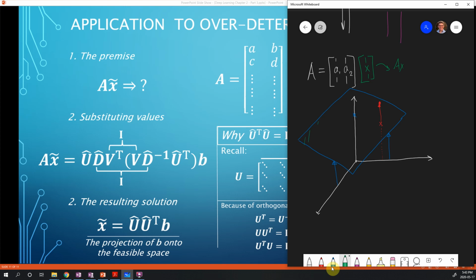So that vector will inevitably be somewhere along on this plane surface. And so that's the premise of our problem. Since it's going to be on this surface, it simply cannot reach this point. But that point is what we're calling B. So Ax cannot equal B.